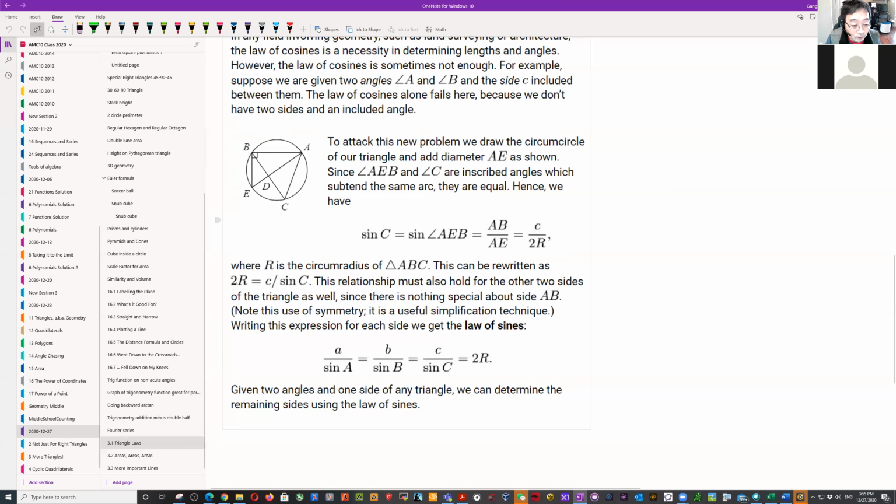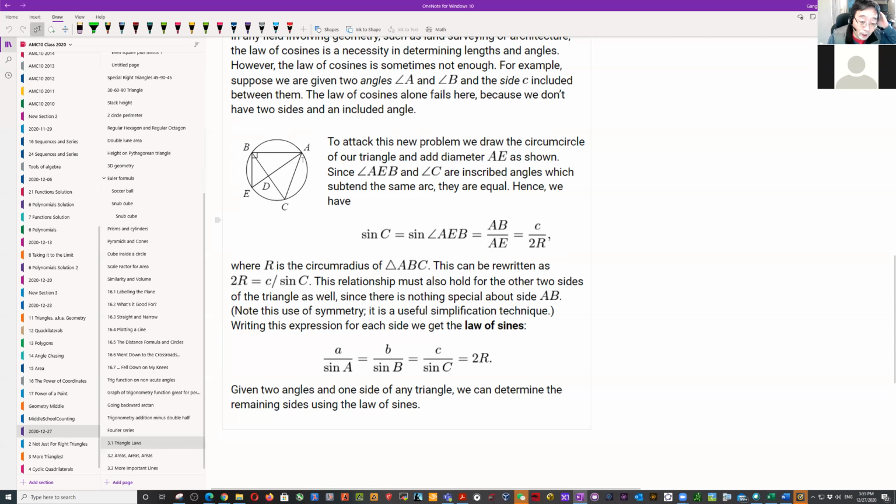Given any angle ACB, because it faces the same arc AB, we can create a right triangle.